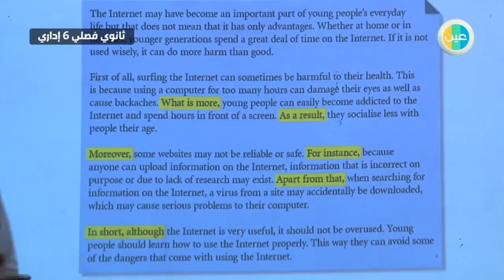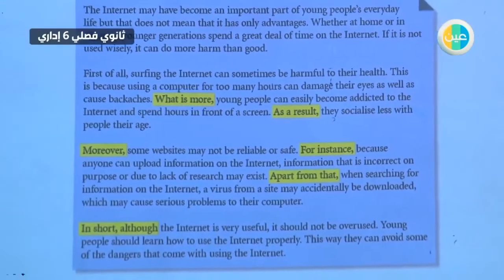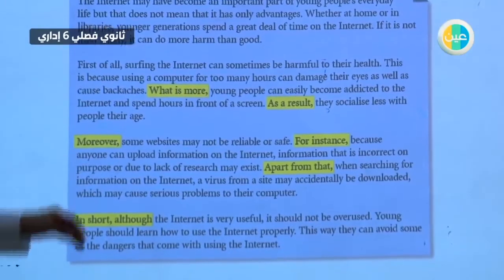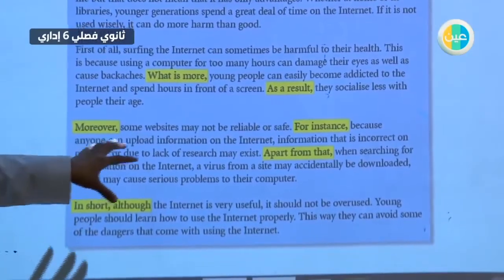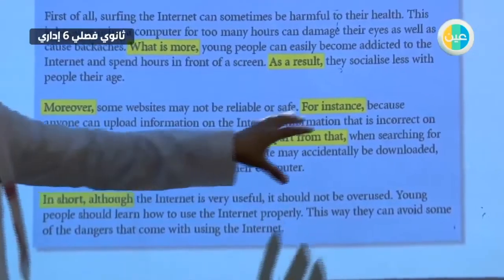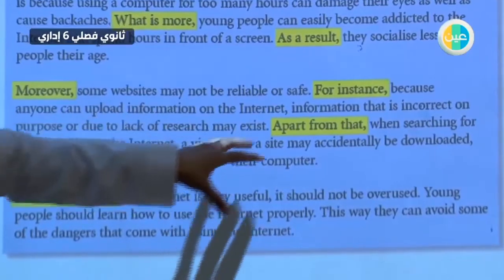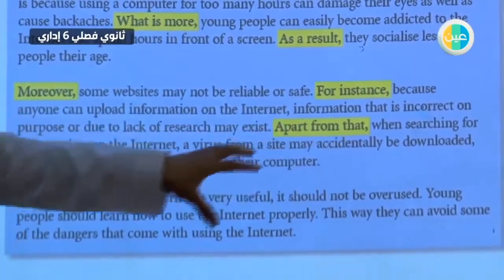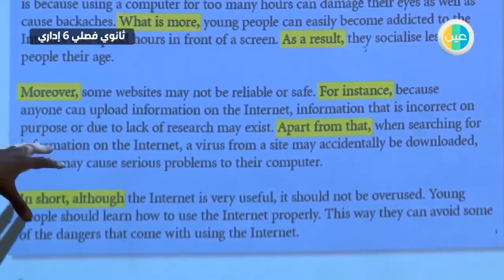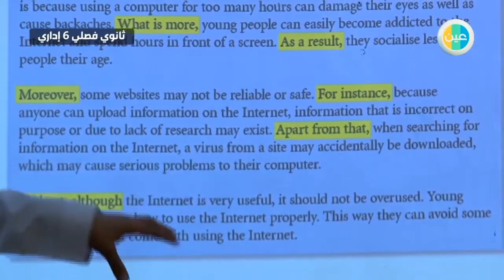Now, main part two. Here the writer decided to develop his essay by adding more details to his writing. Moreover, some websites might not be reliable or safe, for instance, because anyone can upload information on the internet, and information that is incorrect or due to lack of research may exist.